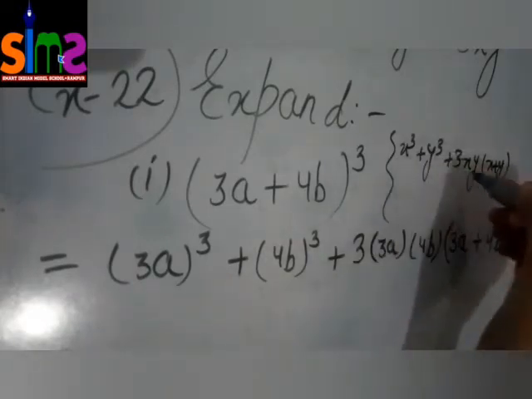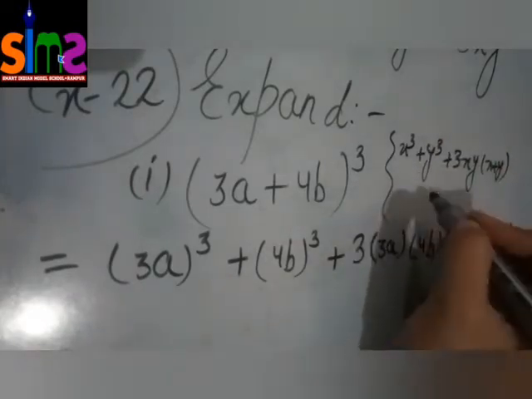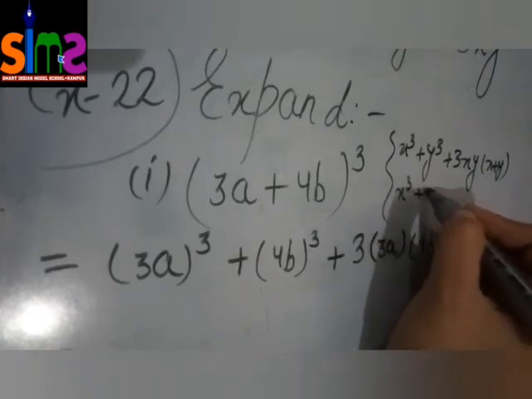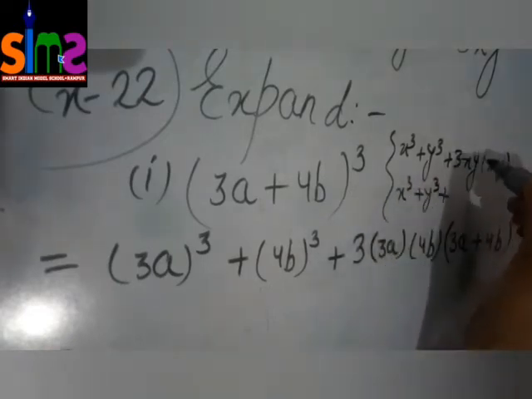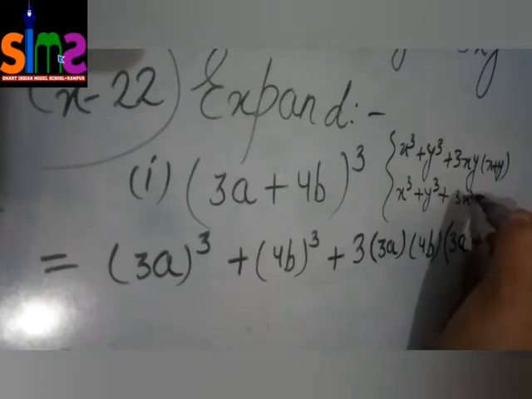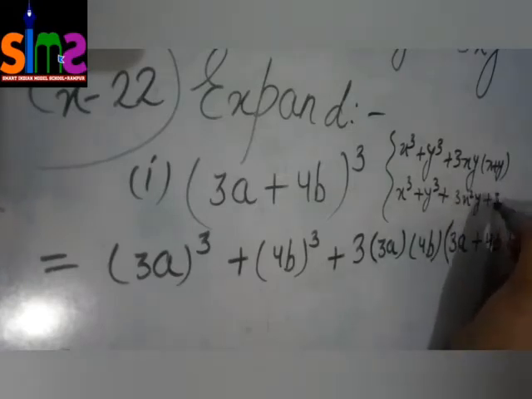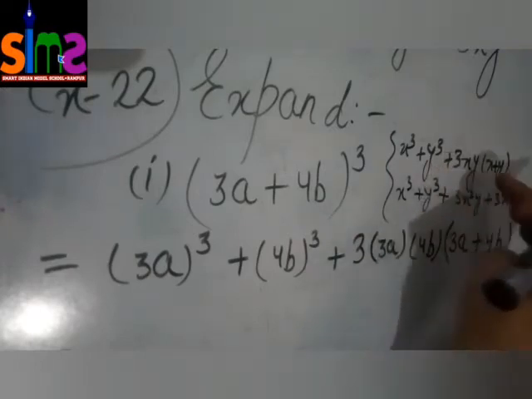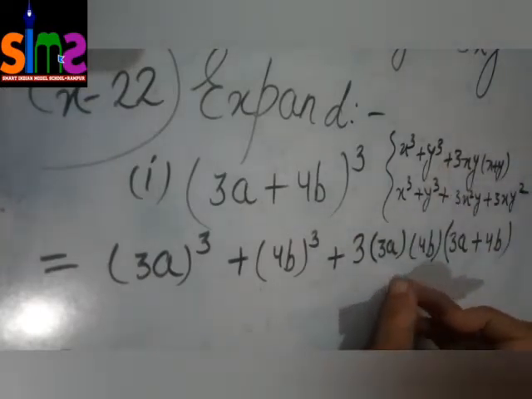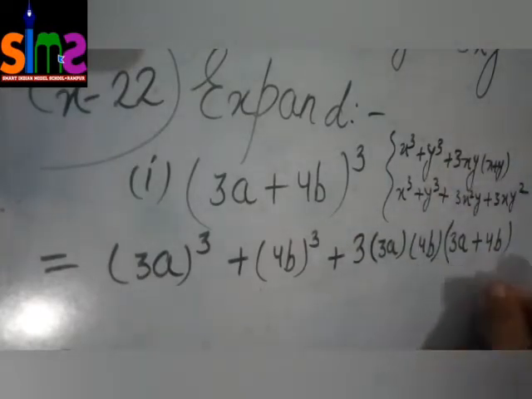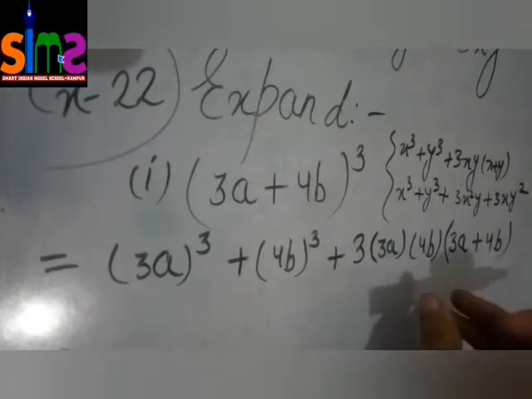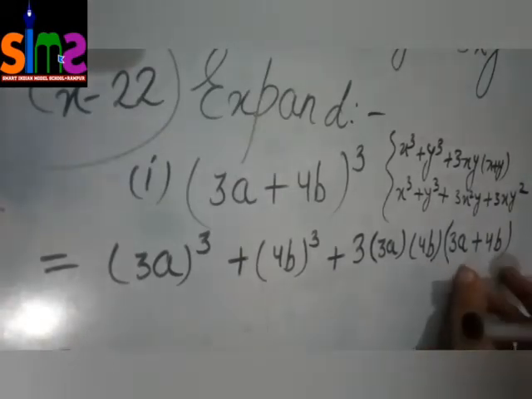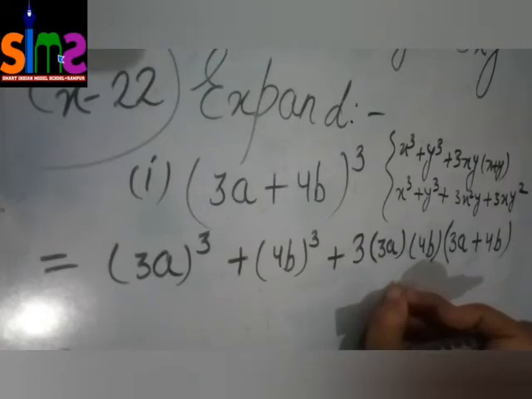The next step was expressing these also. So, x cube plus y cube plus 3x square y plus 3xy square means we need to multiply this 3xy to this bracket. But before we multiply this term to this bracket, we need to solve it also.